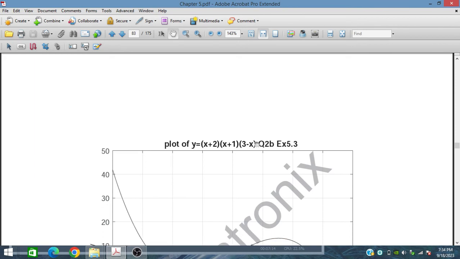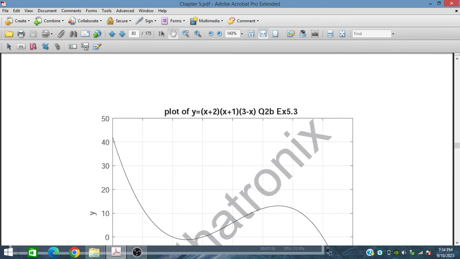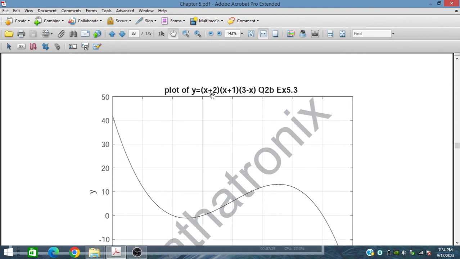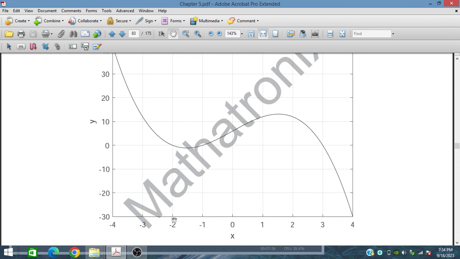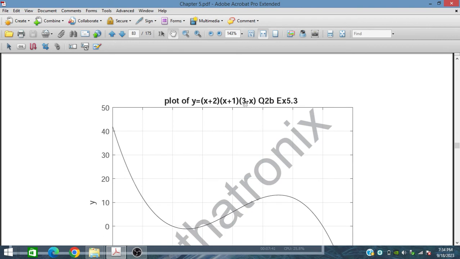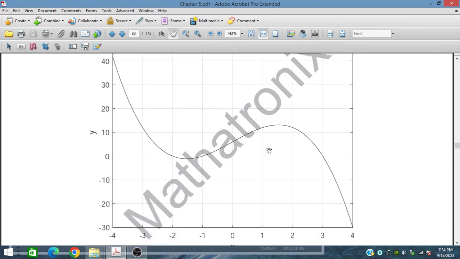Question 2b, we have given this curve x, 2 plus x and 3 minus x. Here we see this x cube coefficient is negative, so the curve will follow like this. We draw it through software, and we see x is equal to minus 2, x is equal to minus 1, and the last one x is equal to 3 is here, and the curve will be plotted like this.